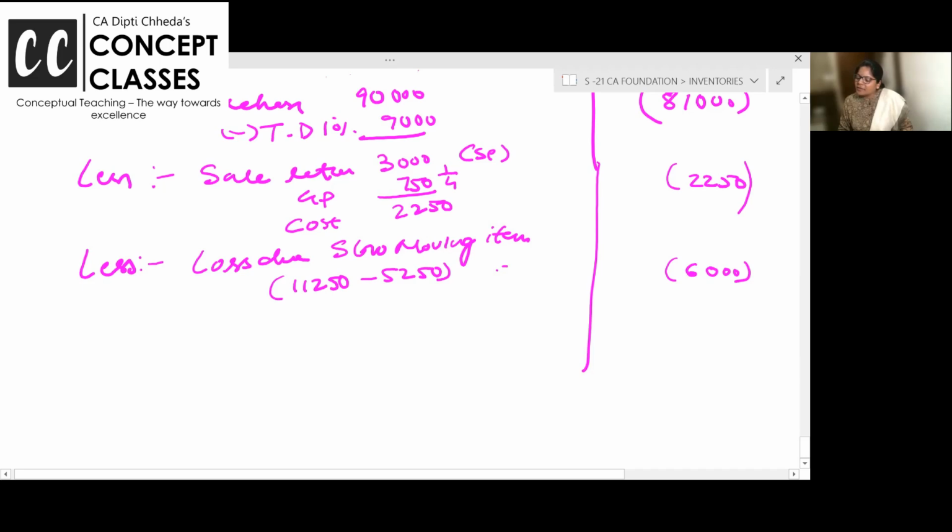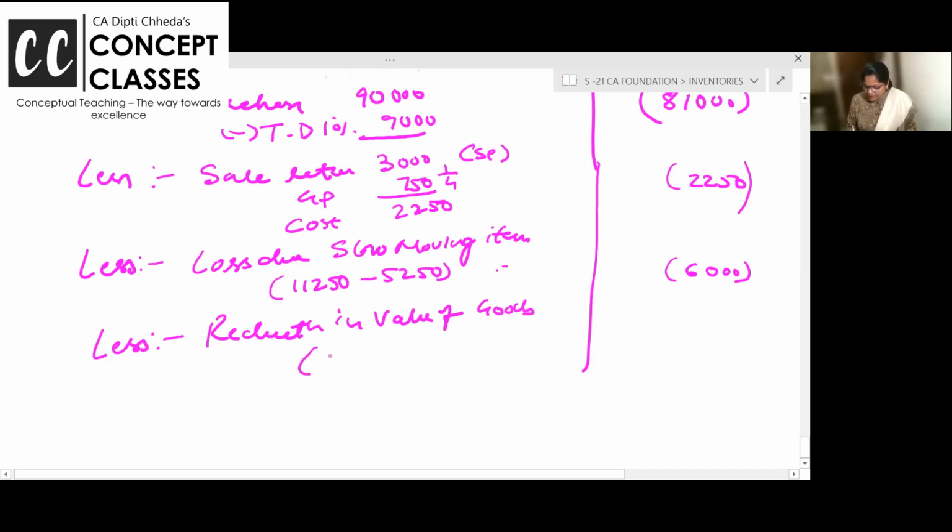As a result, the customer refused to take delivery and the NRV of the goods was estimated to be 12,500. So the value of these goods is reduced. Reduction in value of goods.